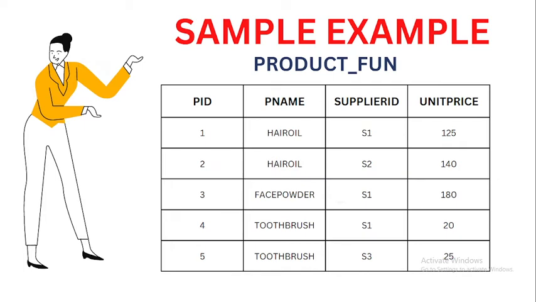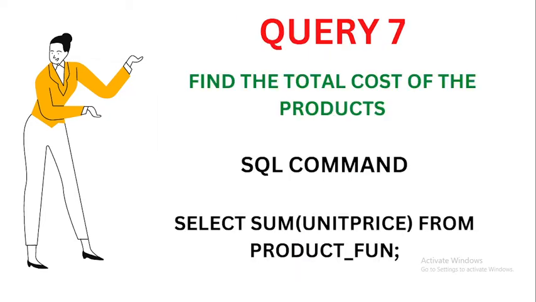Again I am taking the same example: the table is product_fun with 4 attributes and 5 records. Let's suppose we have a query: we need to find the total cost of the products, meaning whatever products are in our table, what is the total cost of the products? Then we have to go with the sum function.